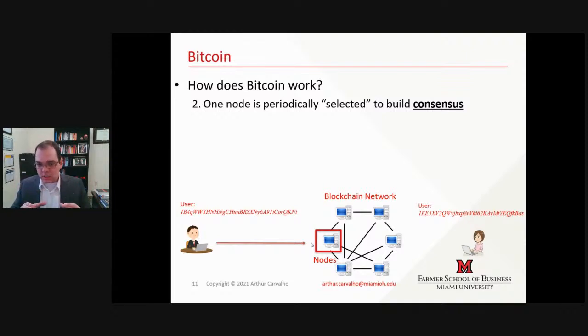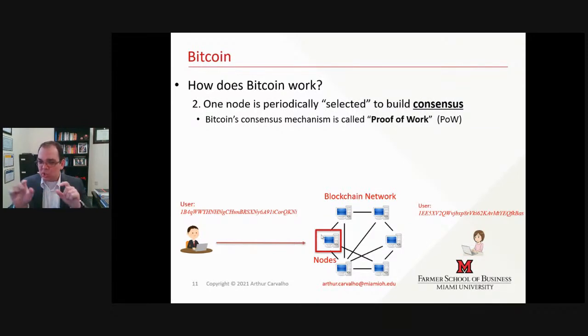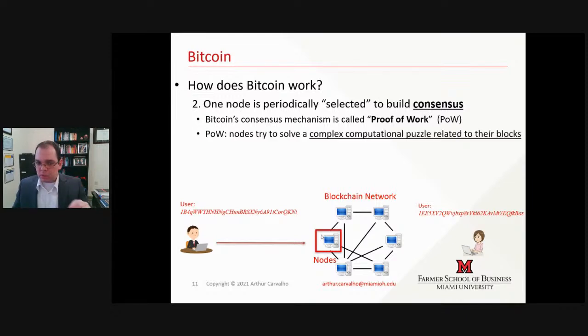So to build consensus, Bitcoin uses what's known as the proof of work mechanism. That's how it works. And you have to believe me in certain things here. It works like this. Every single one of the computers, of the nodes that have a block, you can derive a problem specific to that block, a computational problem or a puzzle. And that puzzle is unique to your block. All right? So again, there's a lot of cryptography here, a lot of technical stuff, so I'm going to ask you to trust me.